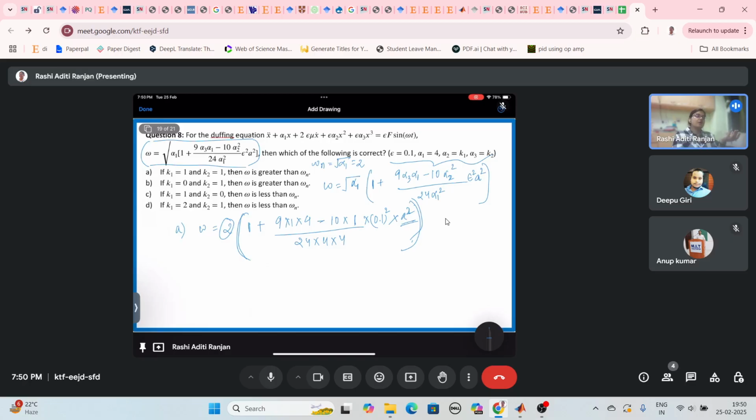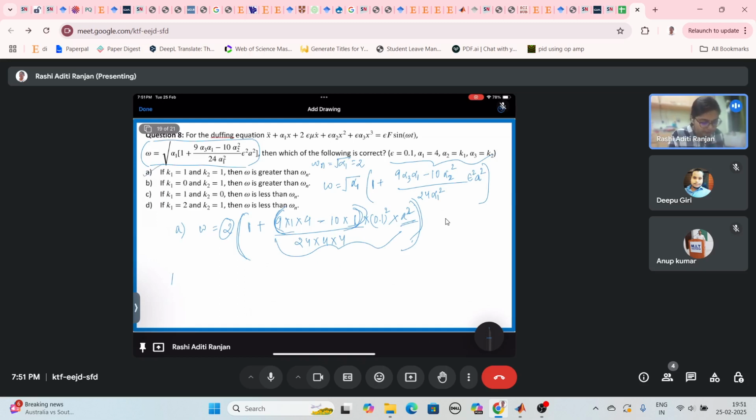How can we evaluate it? If this value turns out to be positive, because we have 1 plus something, we are going to have omega greater than omega n. And if this value turns out to be negative, then our omega will be less than omega n. So for the first case, we can see very clearly that omega is definitely going to be greater than omega n. So option A is correct.